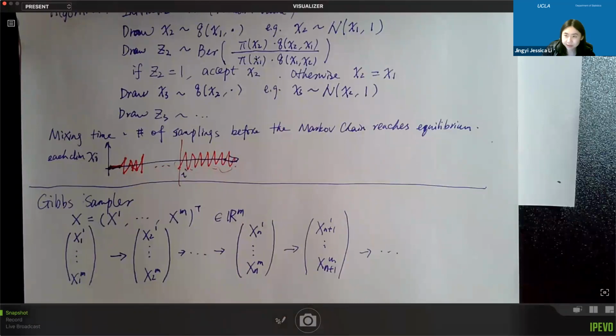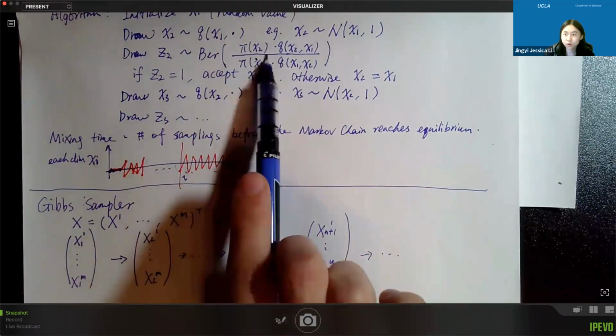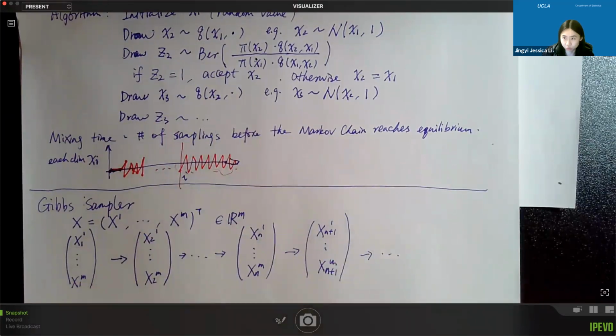And then Gibbs Sampler is a special case of Metropolis-Hastings, which gives you a very nice transition probability, or also we can say the proposal distribution, that will naturally satisfy the detailed balance equation. So you don't need to fudge it using a fudge factor like this. So you will have acceptance rate equal to 1.